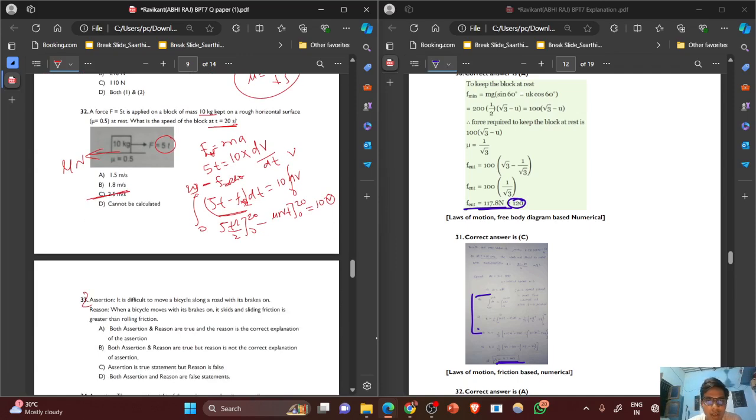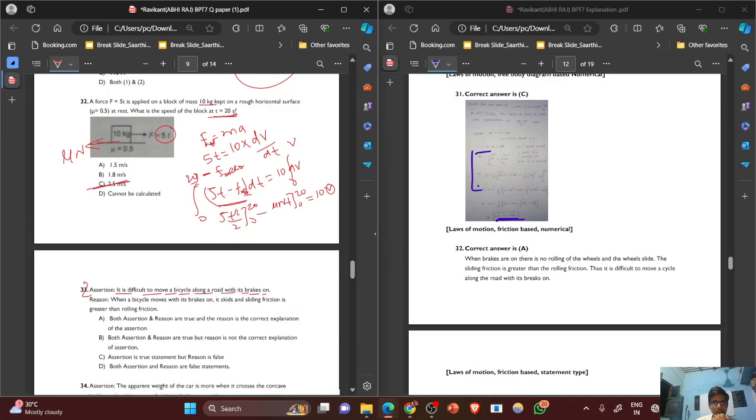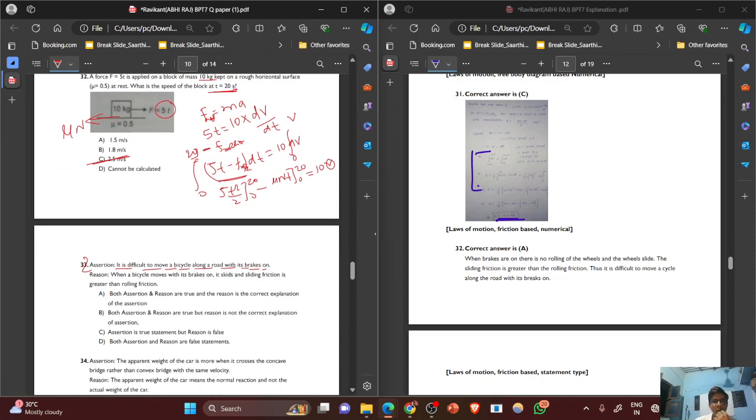Now it's question number 32. Assertion: it is difficult to move a bicycle along a road with its brakes on. Reason: when a bicycle moves with its brakes on, it skids, and sliding friction is greater than rolling friction. Exactly.